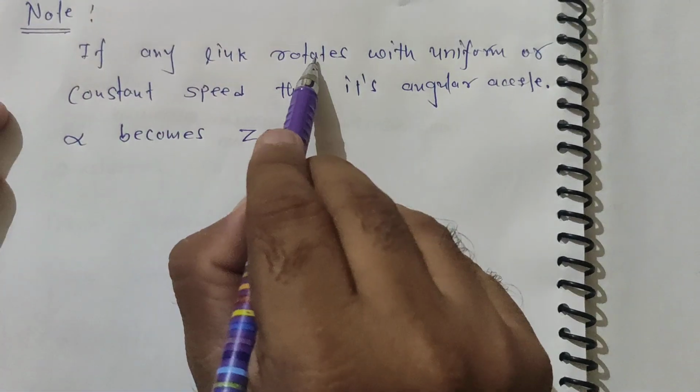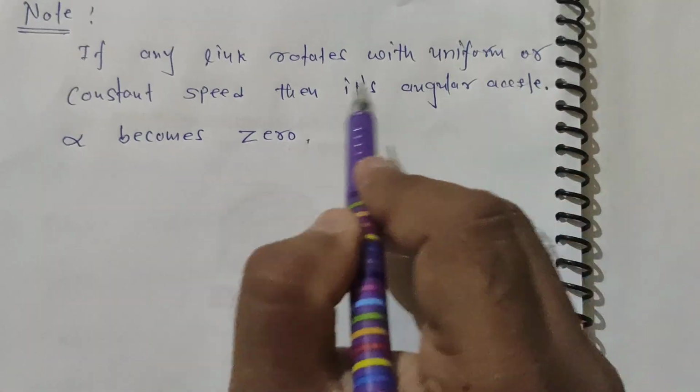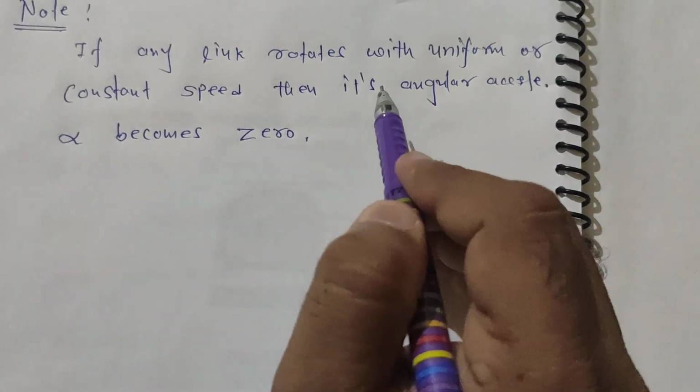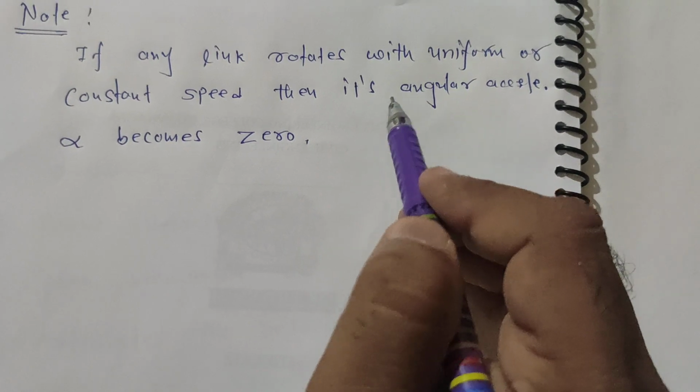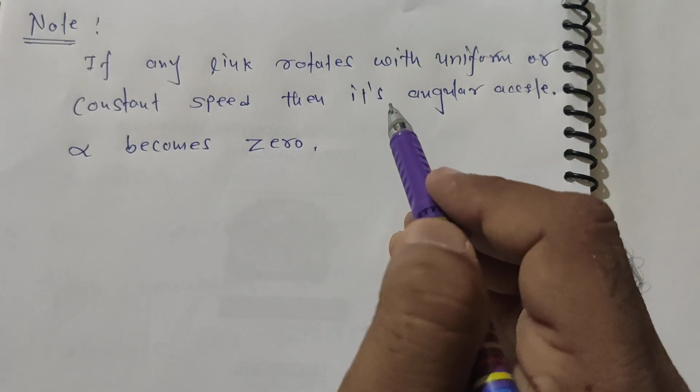Okay, if any link rotates with a uniform or constant speed, then its angular acceleration alpha becomes 0. This point you have to remember.